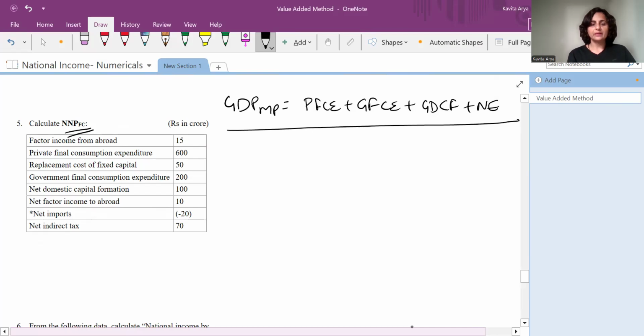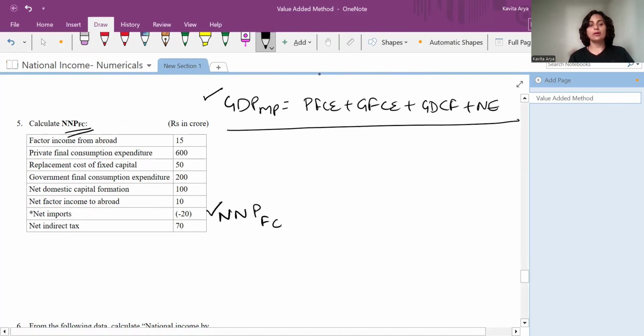After doing so many numericals, now we know that we should not be moving the way the things are given. We should be posting the data as per our need. So we should not be doing 1 plus 3 plus 2 minus 4 plus 6 to get the right answer. No. Ideally, this should always be given in steps. Like this method gives me GDPMP. So ideally, first you should find GDPMP and then the next step should be you find whatever is asked.